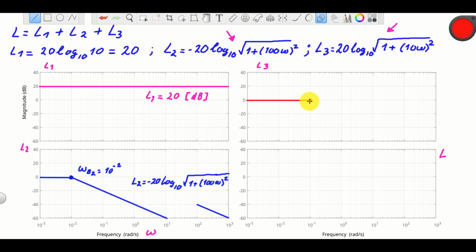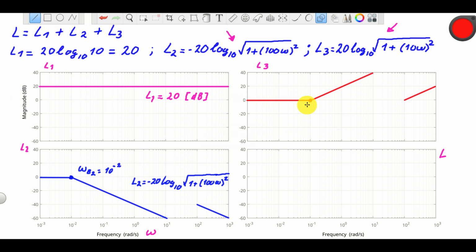The slope of this function is again 20 dB per decade, which again is the slope given over here, and we will simply draw this line. Here it is. This line should be parallel to this line, and this is the asymptotic approximation of our L3.